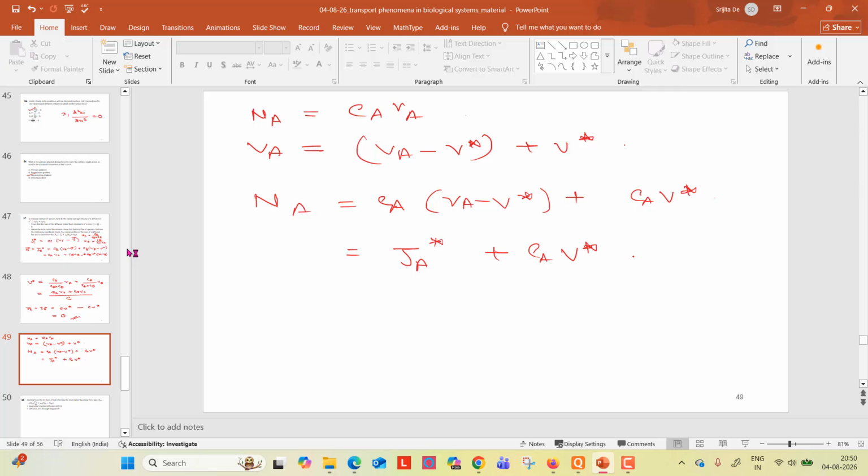Also, we know that Ca equals Xa into total C, and the total molar flux Cv star equals Na plus Nb, right?